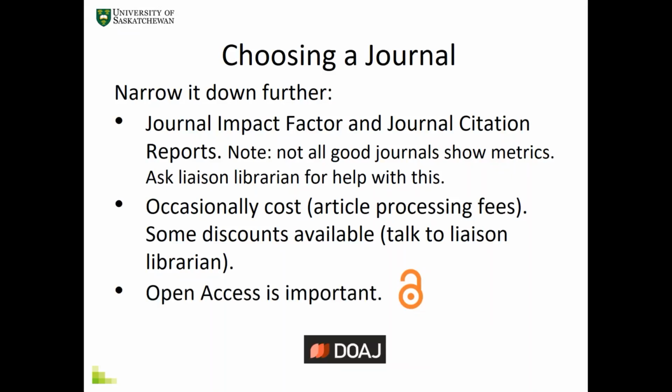I would, though, advocate for open access. Some open access publications have article processing fees, but generally don't. Open access is incredibly important. If your project was funded, for example, with Tri-Council funding, so CIHR or SSHRC or NSERC money, it has to be made open access.